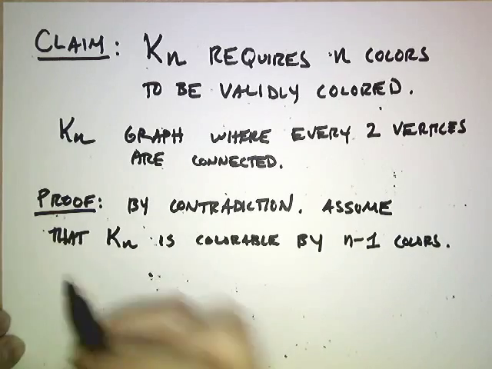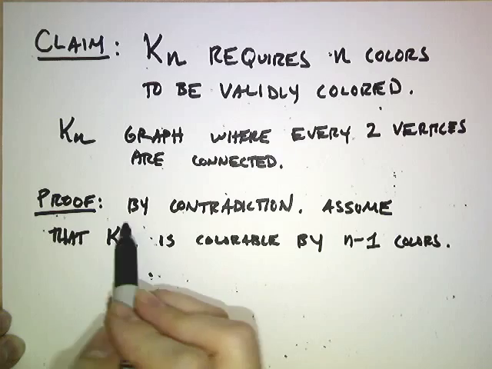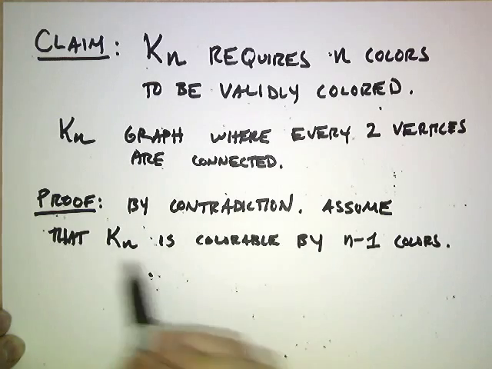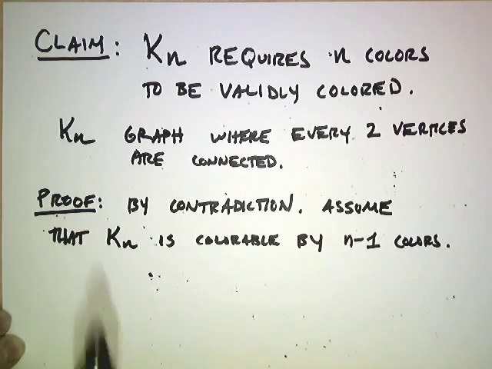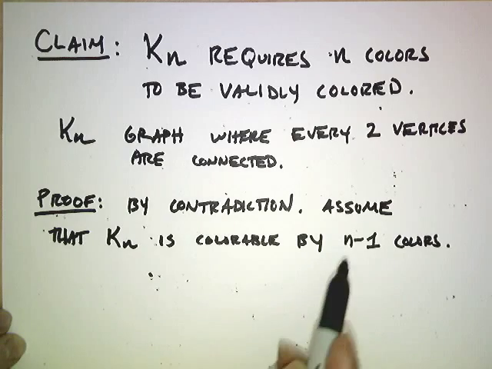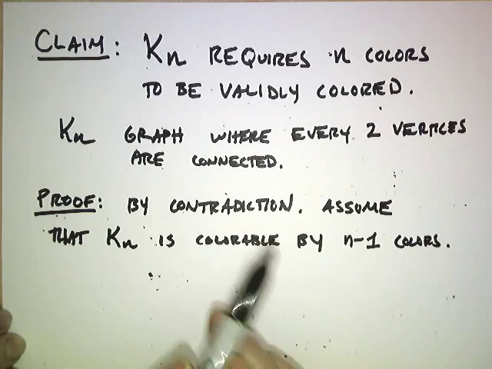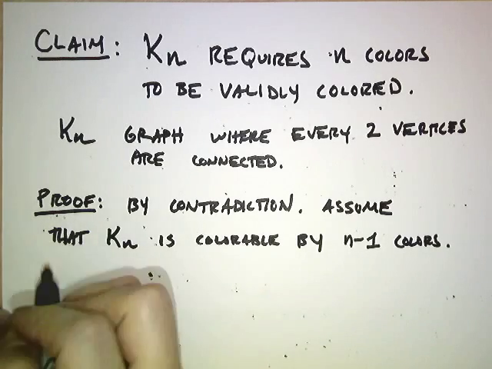Well, there are n vertices. Okay, so the proof is by contradiction. We'll assume that Kn is colorable by n-1 colors. And we're trying to prove that it requires n colors, so this is a proof by contradiction. We're assuming the opposite of what we want to prove.